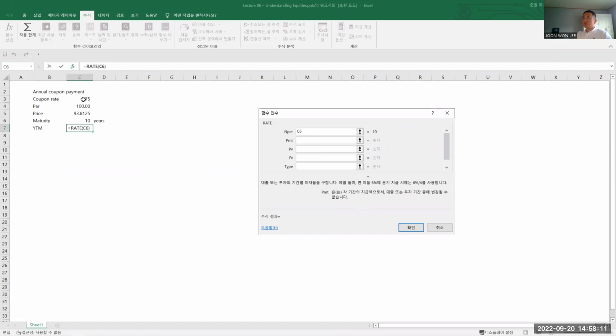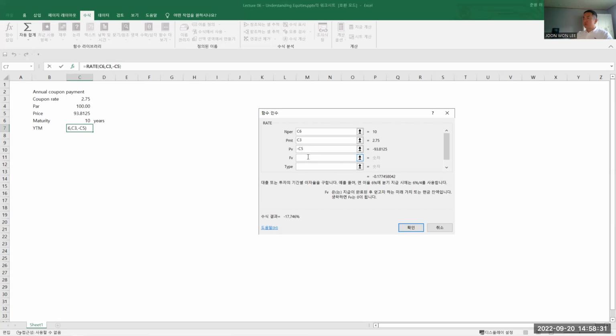Payment. Coupon payment every year, right? And the present value, 93. The present value, so we have to pay, right, to purchase this bond. So negative sign.